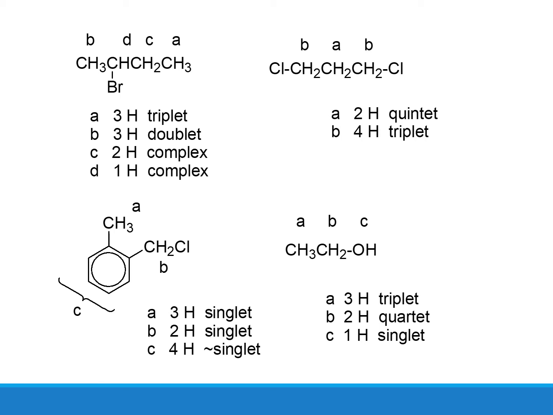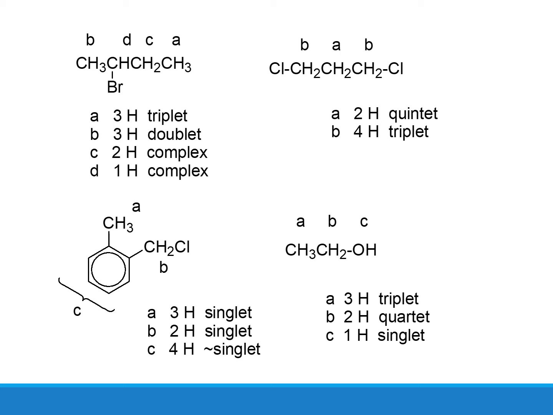So in this case, the middle methylene group is one environment, and the terminal methylene groups are a second environment. Each of the terminal methylene groups will split the middle methylene group into a triplet, whereas the middle hydrogens will split both the right and left protons into a quintet.